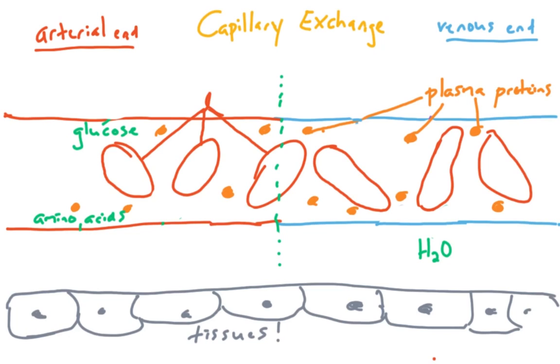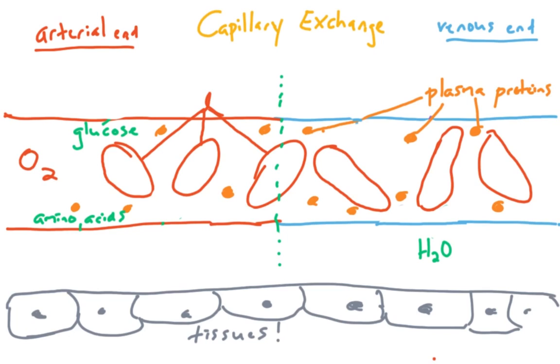So let's think about some of the things that are going to be leaving the blood and some things that are going to be entering the blood. First and foremost, we've seen different types of gas exchange. When we covered the respiratory system, we talked about external respiration and internal respiration. And this is really the site of internal respiration.